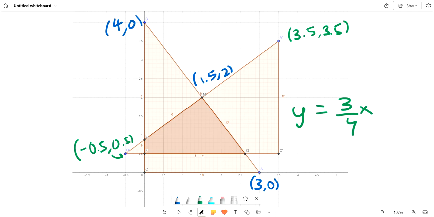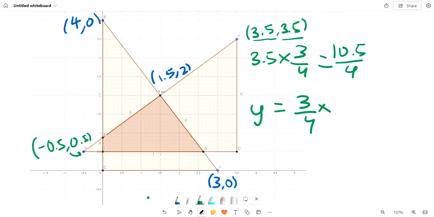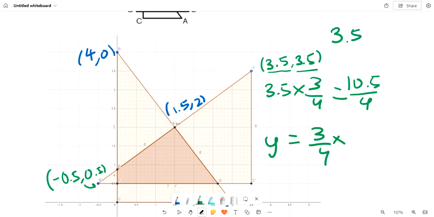And then we have to find the y-intercept. If we have 3.5 and 3.5, and we try to reduce this value to 0, then the amount that this would reduce by would be 3 over 4 times 3.5, which is 10.5 over 4. And we would calculate 3.5 minus 10.5 over 4.